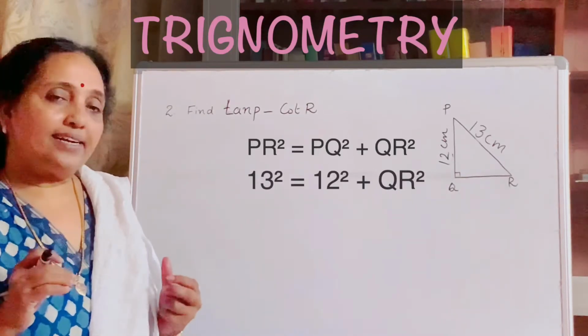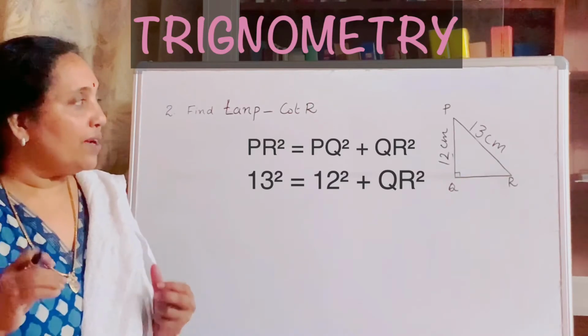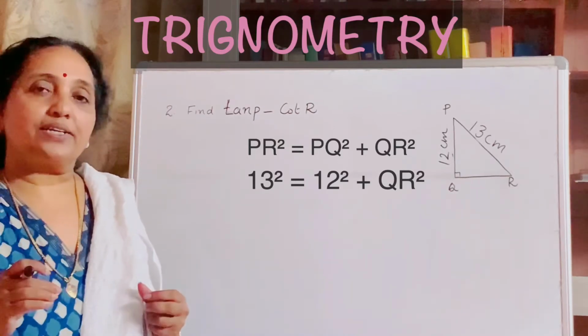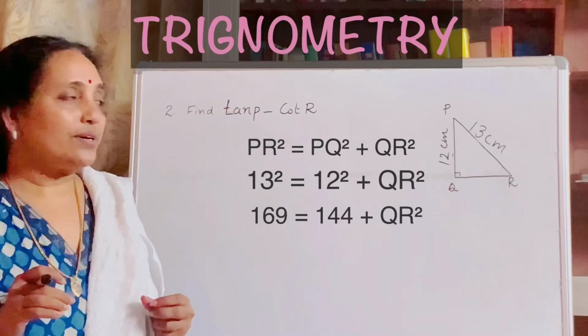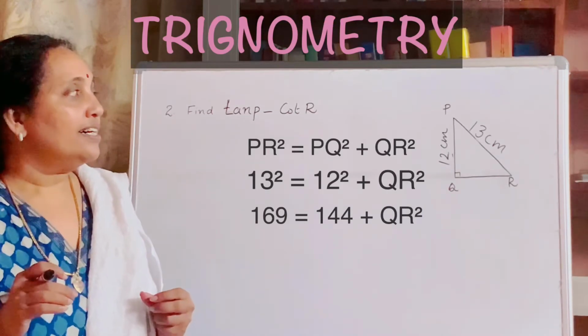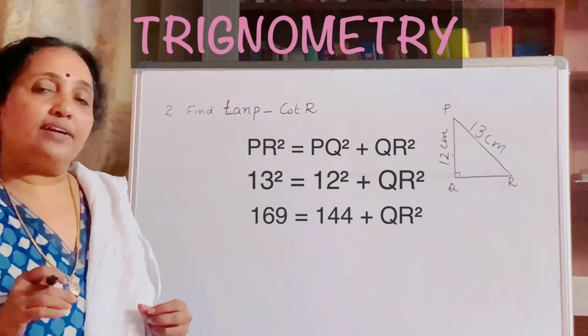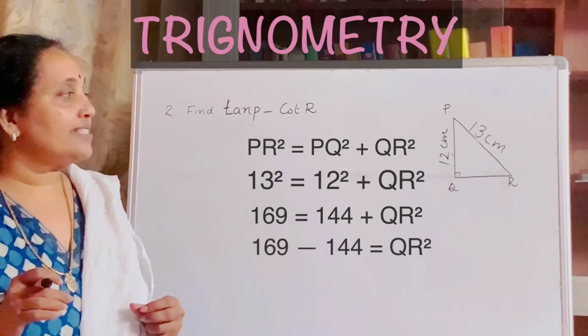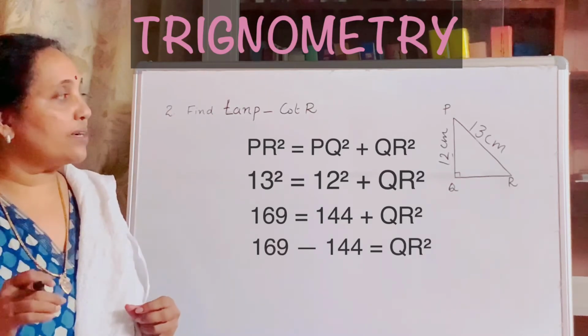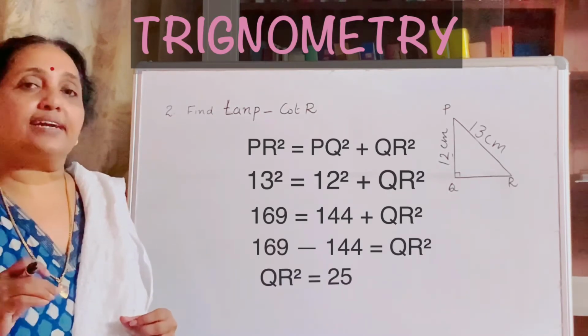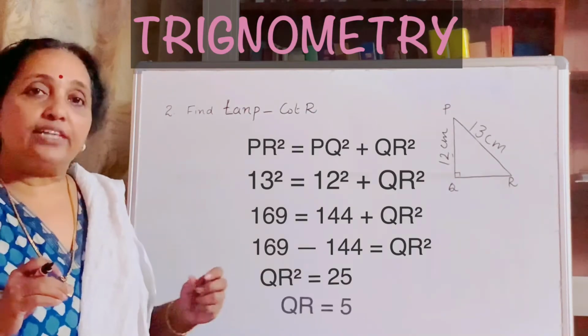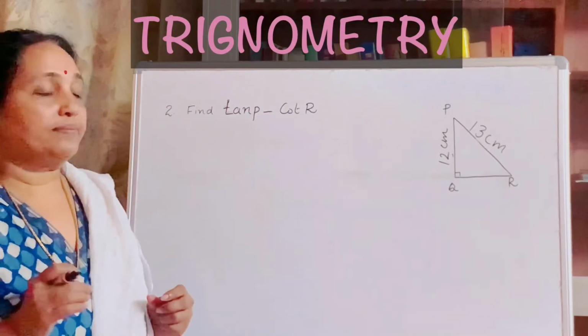That is 169 is equal to 144 plus QR square. That is QR square is equal to 169 minus 144. That is 25. QR square is equal to 25. QR is equal to 5. The length of QR is 5.